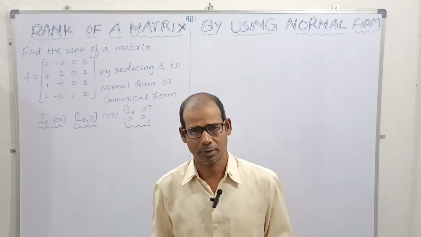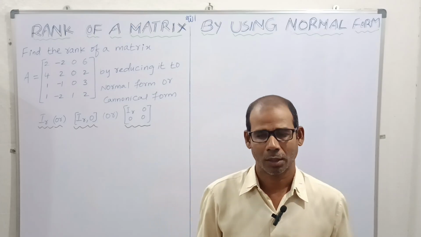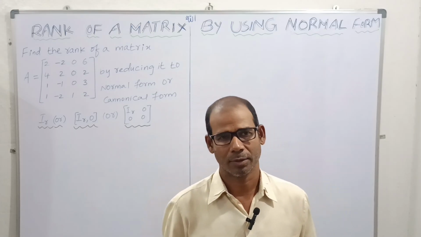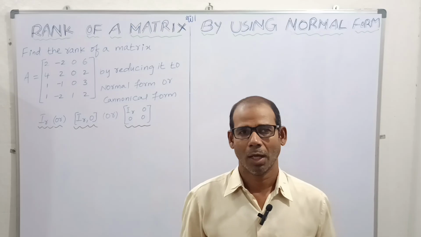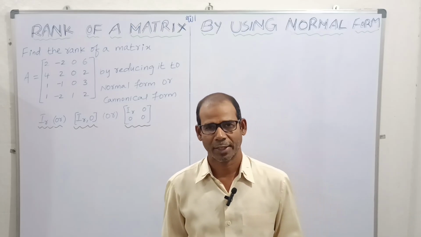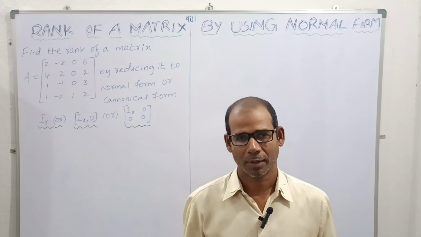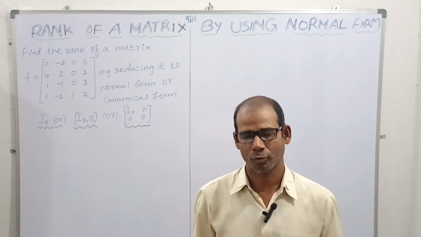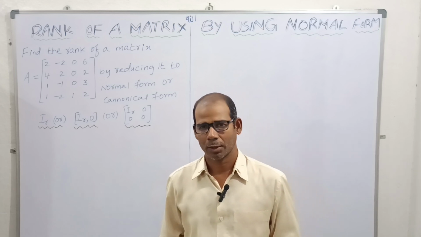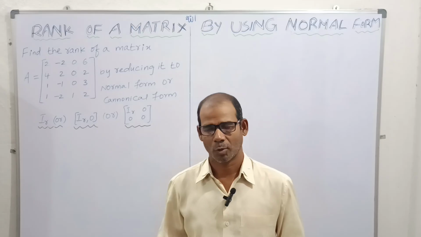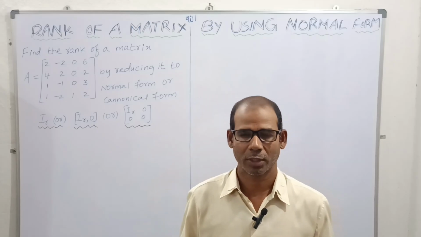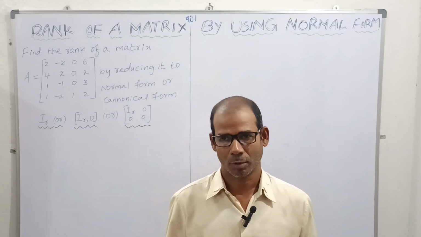Today we are going to discuss a new topic in linear algebra about matrices, and the topic is about finding the rank of a matrix by reducing the matrix into the normal form. So in the previous class we discussed finding the rank of a matrix by reducing it into an echelon form.